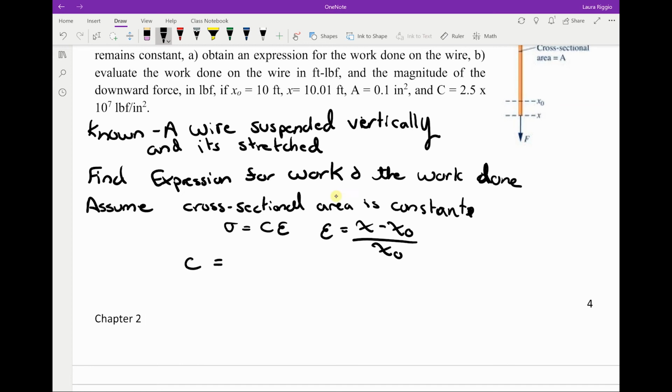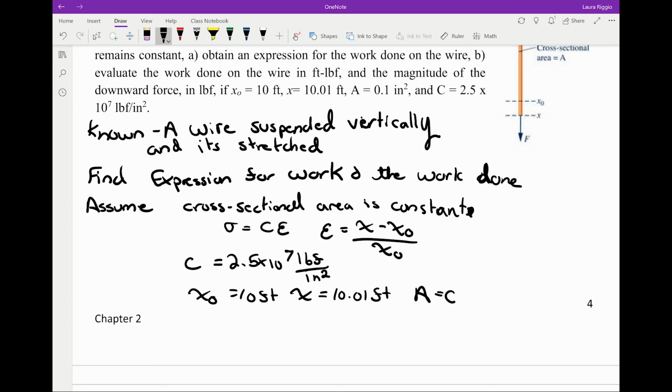C is equal to 2.5 times 10 to the 7. X naught is equal to 10 feet. X is 10.01 feet, and A is 0.1 inches squared.